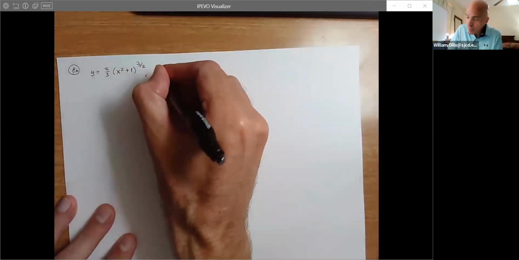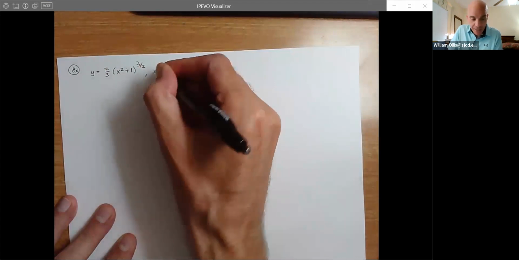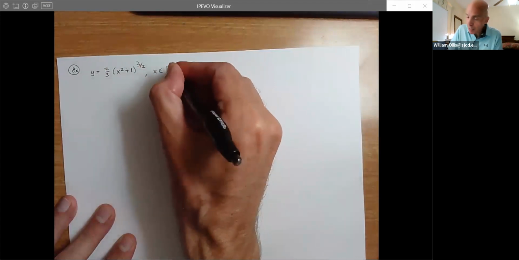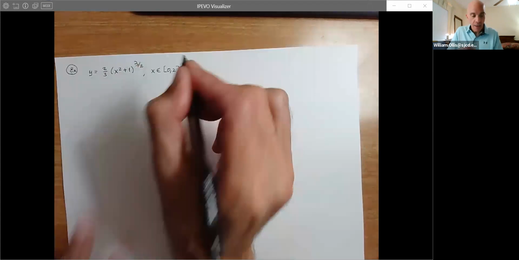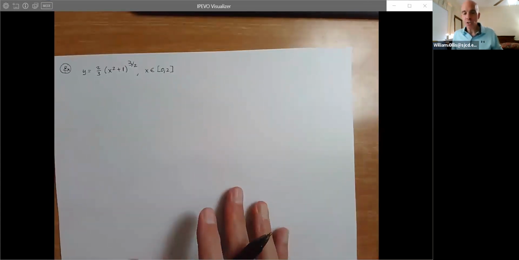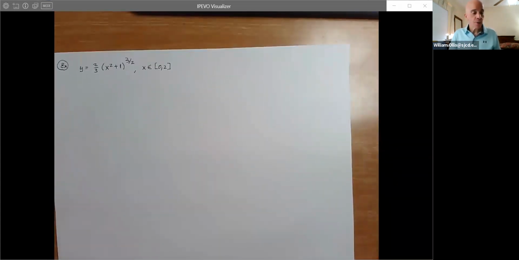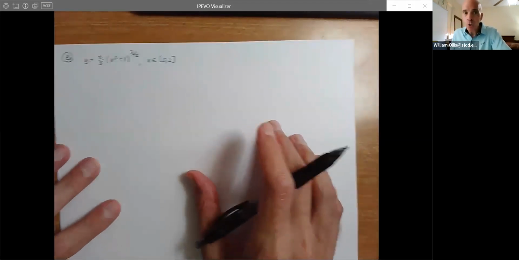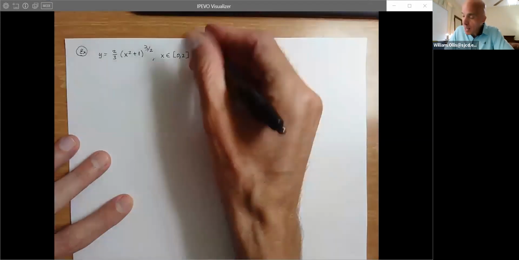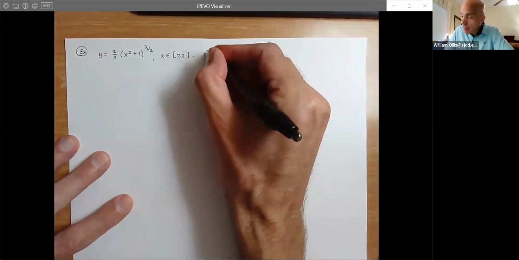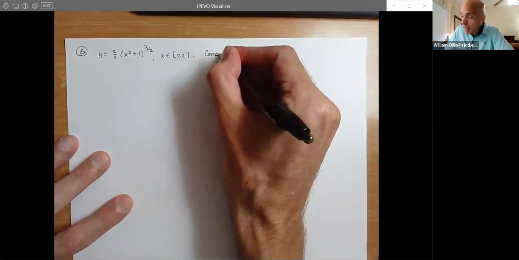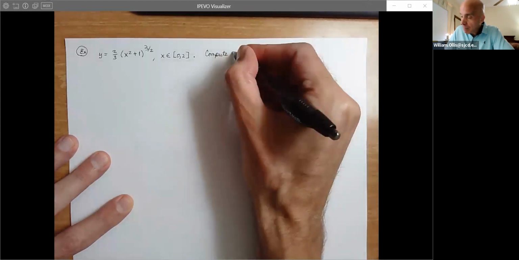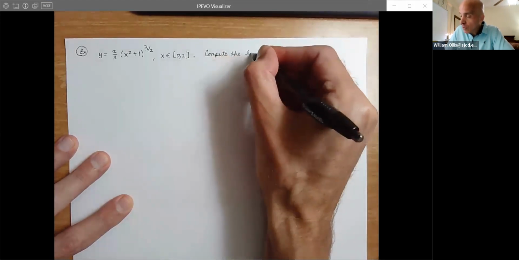And x, this is tailor-made, x lives between 0 and 2. And what we want to do here, ladies and gentlemen, is compute the arc length. So in your problems, in your WebAssign, they will direct you to say, compute the length of the curve.